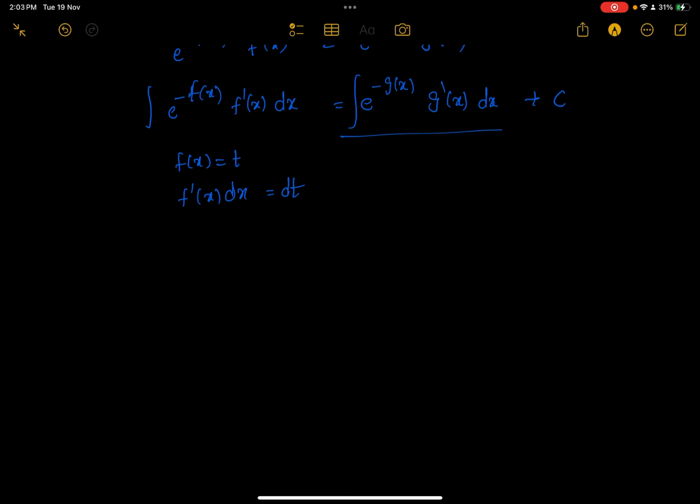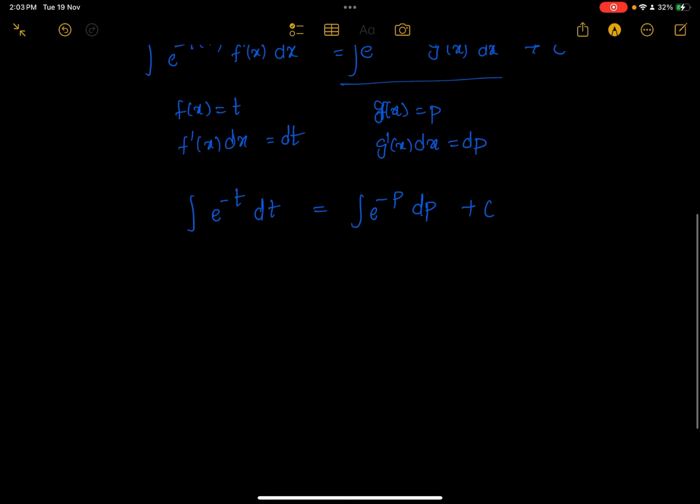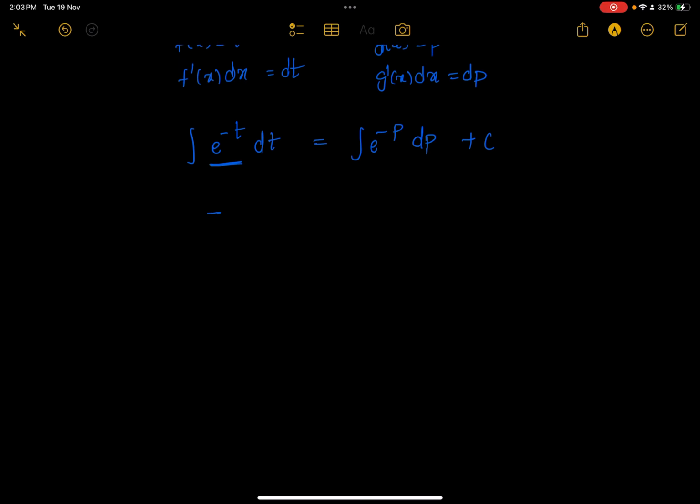And similarly for this integral, if g of x is p, g dash x dx will be dp. So this integral will be e to the power minus t dt is equal to e to the power minus p dp plus c. So the integration of e to the power minus t is minus e to the power minus t. Similarly, minus e to the power minus p plus c. Take out the minus. e to the power minus t is equal to e to the power minus p plus c. Here it will be minus c, but that is just a constant, so you can write plus c.